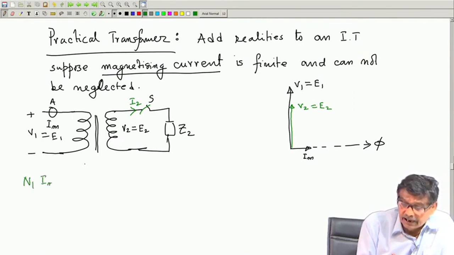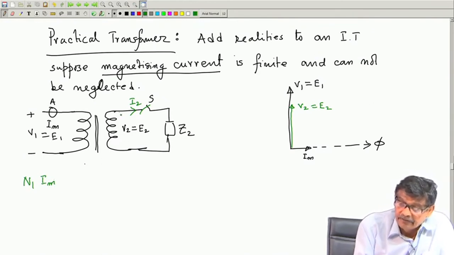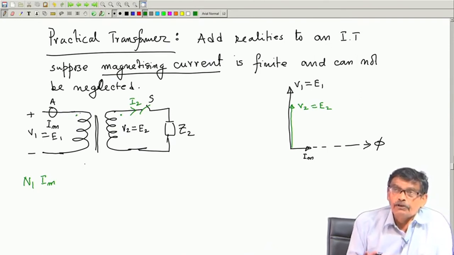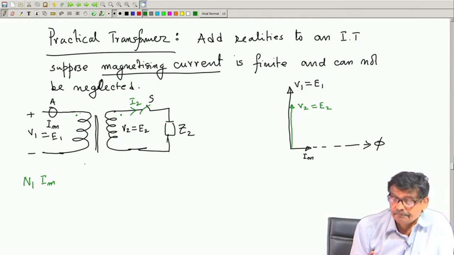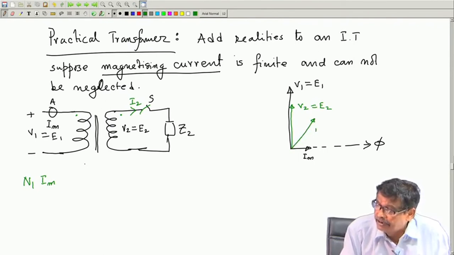It was N 1 I m. What will be the MMF acting when S is closed? Net MMF once again has to be N 1 I m, because flux remains same. Therefore, if you close it, depending upon the power factor angle, I 2 will be here.